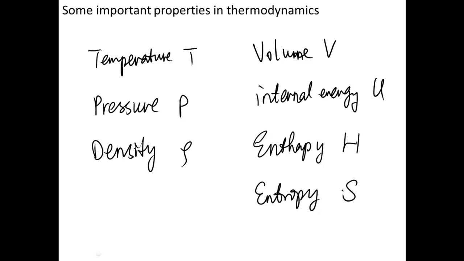Okay, you may notice that I listed these 7 properties into 2 rows, right?